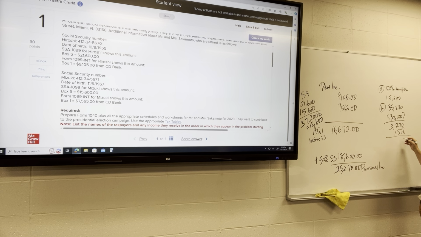What's half of 3,270? 1,635. So we compare this and this, whichever is less, that's what it is. You gotta use that chart. Yeah. I can't do it without looking at the chart.